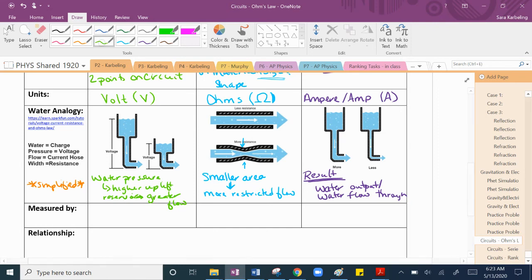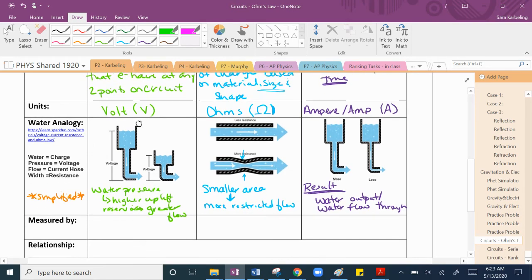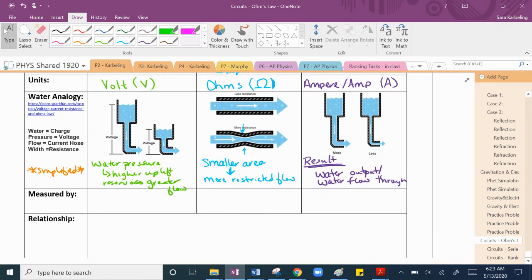And then the last little piece here are the units that we're going to measure each of these things in. Okay, so, sorry, not what we're measuring it in, that was the units, but what we measure it by, like what tool we use. So voltage is measured with a voltmeter.